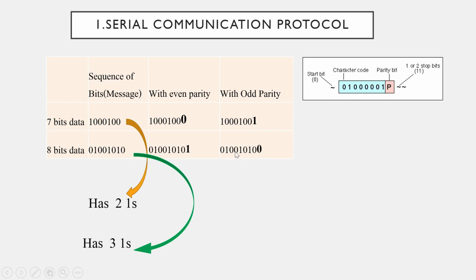It will send the 3 ones with a parity bit of 0. The receiver device will count the ones, and if it is an odd number of ones, it will take it as a correct message and use it in its logic. In this way, serial communication happens from one device to another.